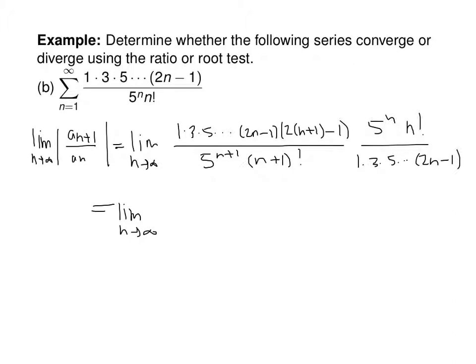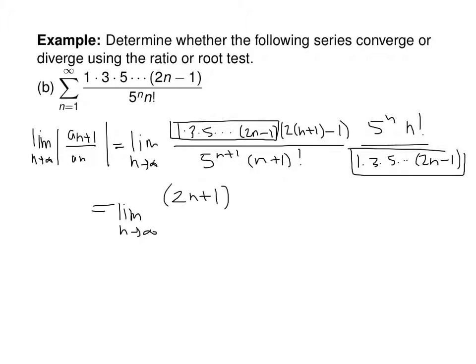Obviously in the numerator, these terms cancel with those terms, leaving us just 2n plus 1. Now this 5 to the n will cancel out with a 5 to the n from there, but leave a 5 behind.